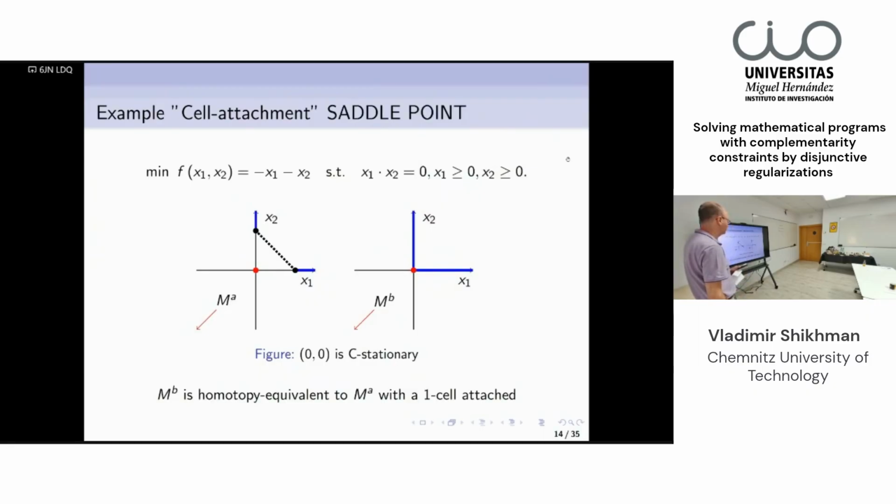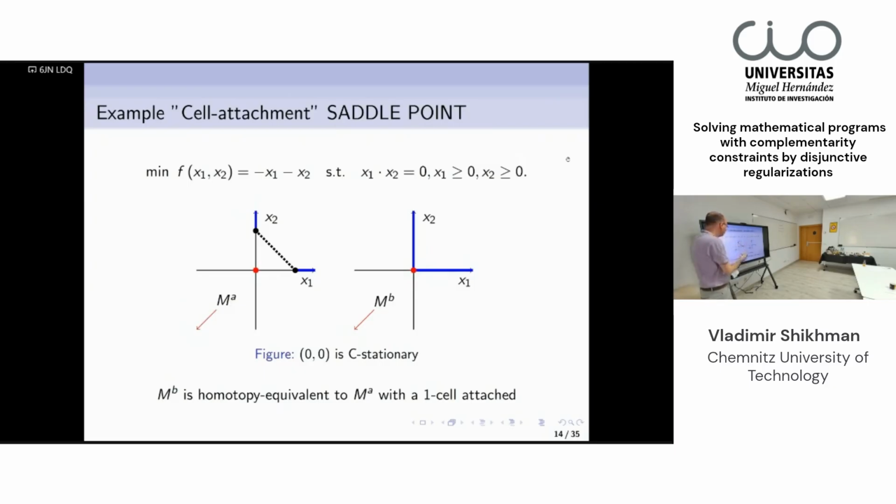This is mainly similar to what we have seen in the unconstrained case. Here, if the function grows in this direction, you have two lower level sets, two lakes, and then they come together and glue together by a cell of index one. Think of the unconstrained case: you have two villages and two lakes, and then they are glued together by a bridge.